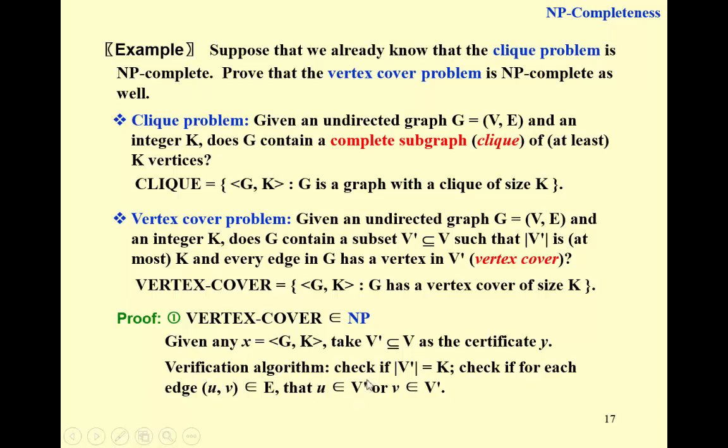In the worst case, the size of this vertex set is just n. So altogether, it's going to be big O of n cubed. So that means we do have an algorithm that can verify this language in big O of n cubed time, and therefore it is in NP.